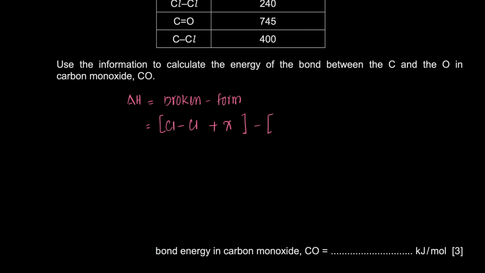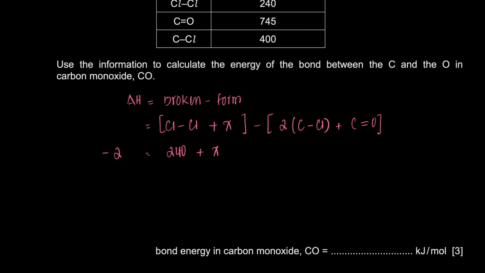And formation. What's being formed is two carbon-chlorine bonds plus one carbon-oxygen bond. Pretty cool. Let's put in some values right here. Chlorine is 240 plus X, don't know that.